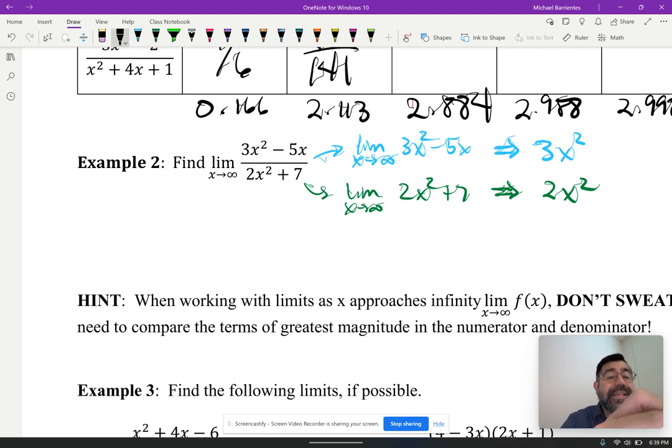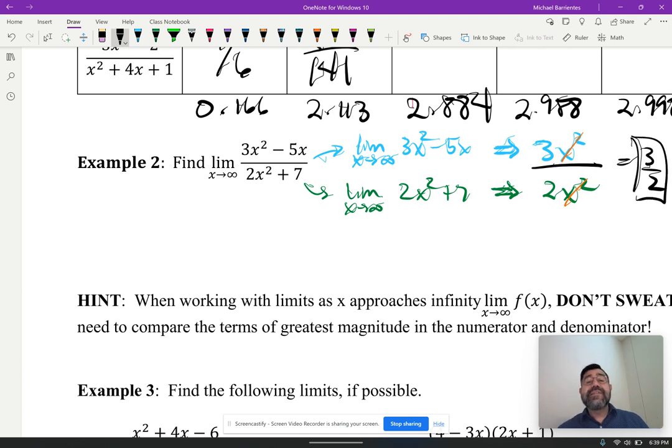And then I see and compare how they're growing. Well, can I reduce that? I think I can. The x squares are going to go bye-bye because they're going to reduce out, and then I'm just left with 3/2. I'm claiming that 3/2 is the limit.